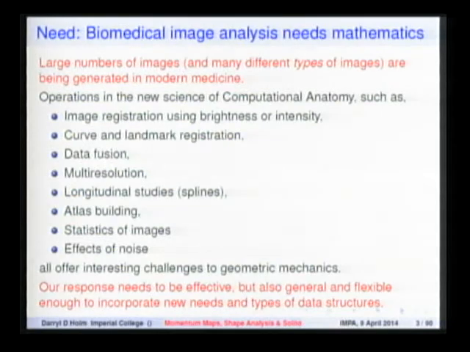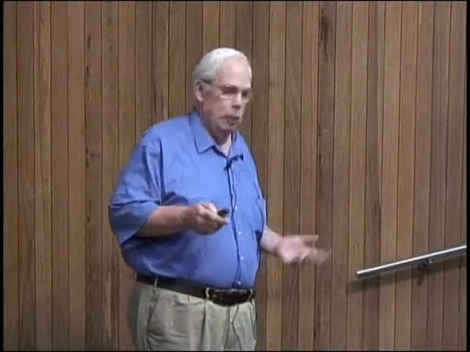So one of the things we want to do is develop this concept of computational anatomy. These images will be taken, and then a computer will analyze them, and we'll tell it what to look for, and when it finds something, like a change between an MRI 3 months ago and an MRI this month, it says, well, you should look at that. So changes between two images is one of the things we're going to be interested in.